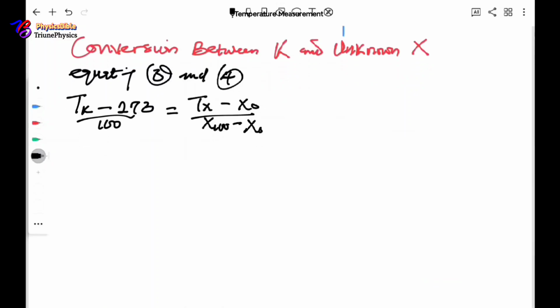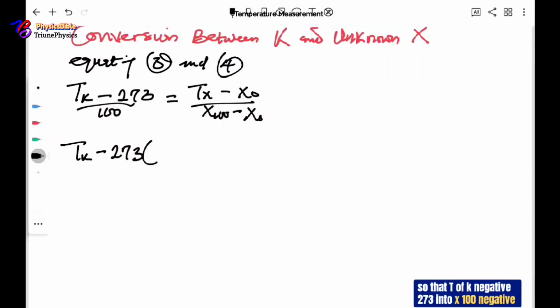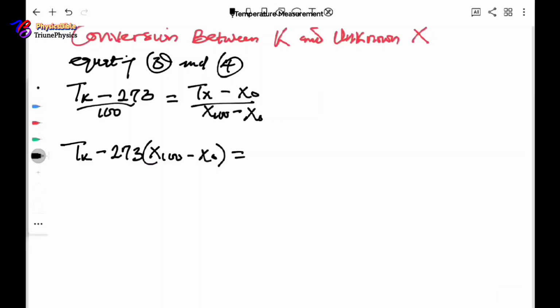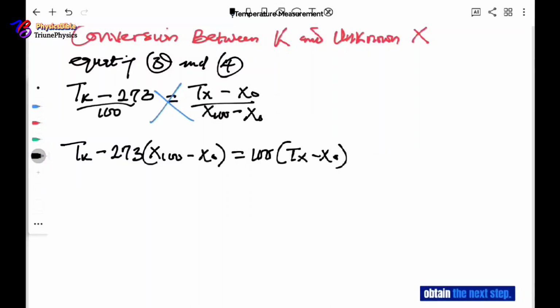Is that clear? You cross multiply so that T of K minus 273 into X 100 minus X naught will equal 100 into T of X minus X naught. Is that clear? Don't forget that we cross multiplied in order to obtain the next step. Don't forget that, please.